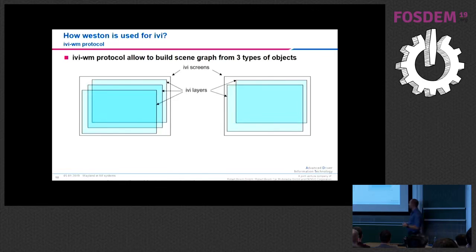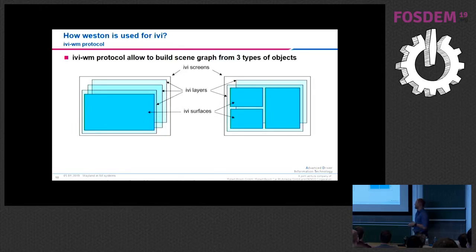Layers are just a logical object to group the surfaces. You can scale layers, you can make them invisible, you can define transparency and also change the order on the layers. And we have the IVI surfaces, which actually represent the application content.